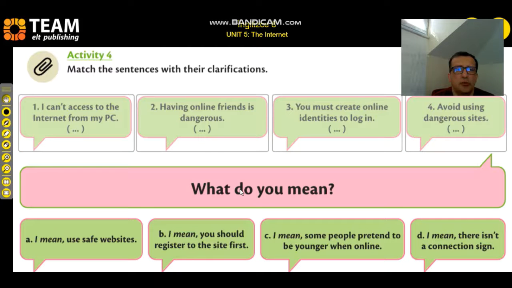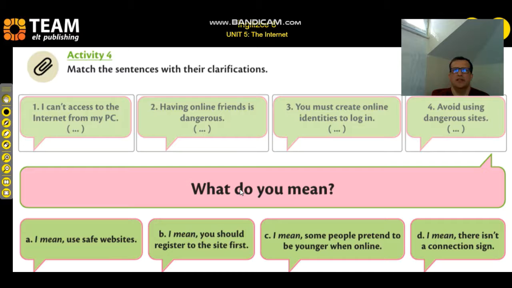Yes, another important activity, in my opinion, is activity 4. Match the sentences with the clarifications. Actually, we have done a similar activity during the lesson, so we are going to practice it right now. I can't access to the internet from my PC. I can't access.